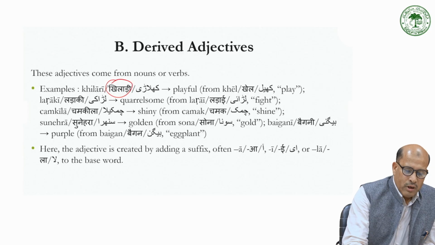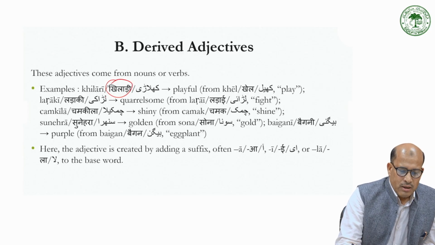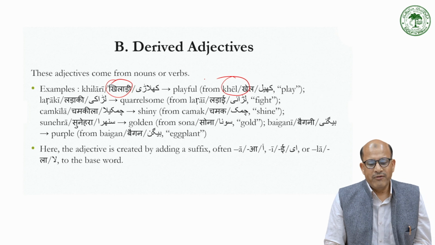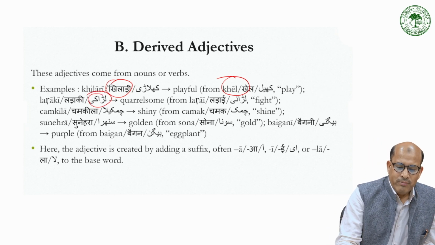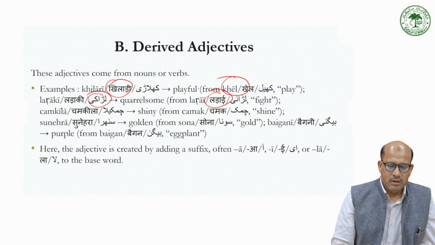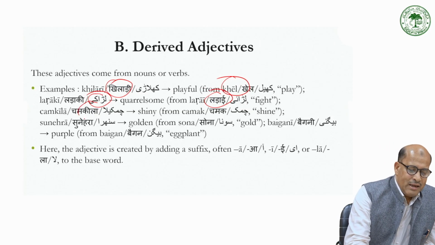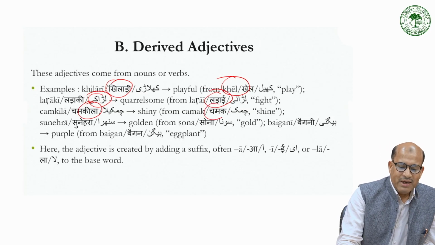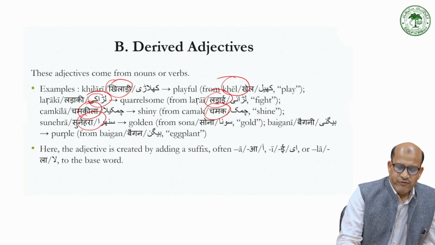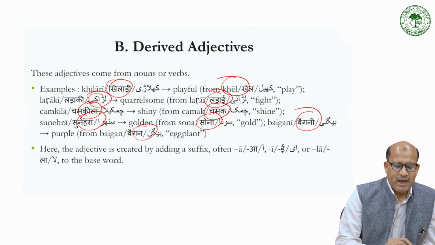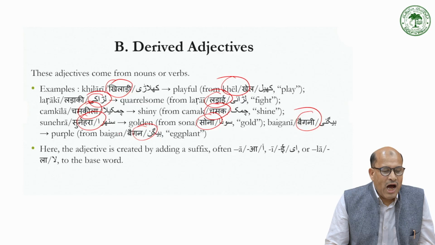These are adjectives formed from other words: khilari from khel, larakoo from larai, chamkila from chamak, sunehra from sona, baingani from baigan, eggplant.